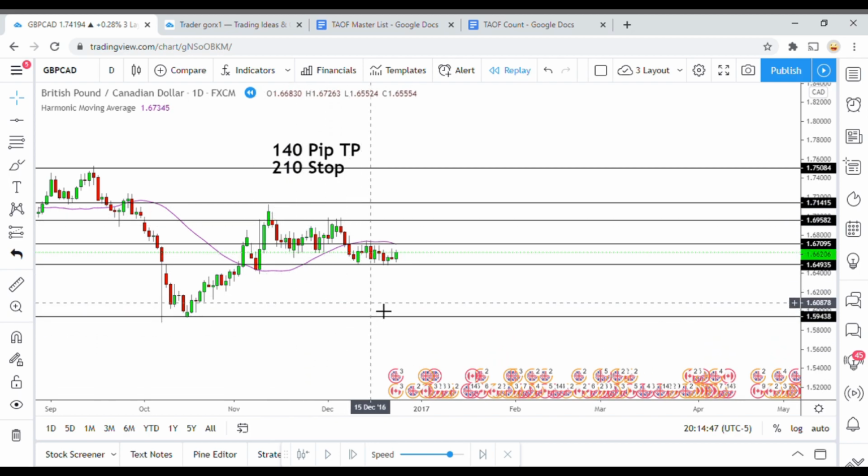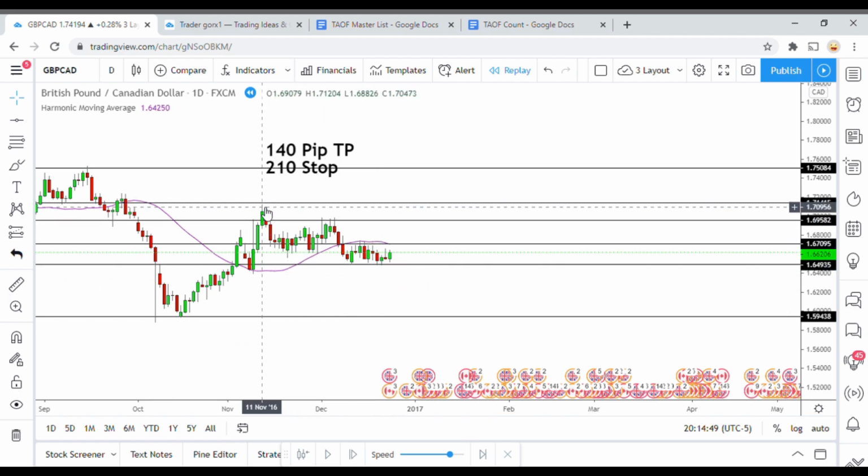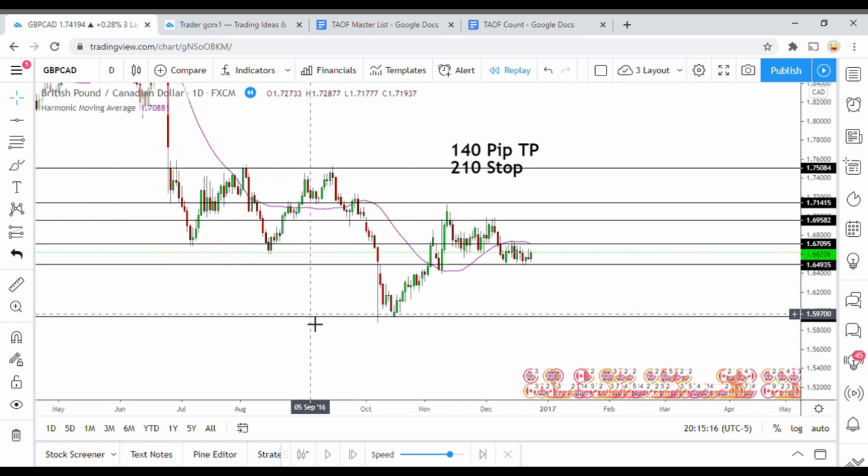One person can look at this and say, well, it needs to be only the bodies touching, and so you would have to adjust the area. And then some people would say, well, no, you go all the way to the end of the wicks, and the wicks are the end of the zone. And it goes on and on. Everybody has their own theory, their own idea of how support and resistance should be mapped out.